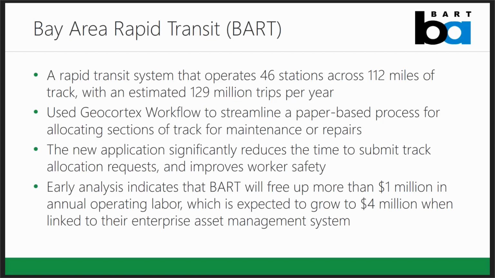They operate 46 stations across 112 miles of track, and they use workflow to streamline what was previously a paper-based process for doing track maintenance and repair. BART estimates that they're saving up to $1 million annually in operating labor by employing workflow, and it's expected to grow to $4 million when they link this to their asset management system.